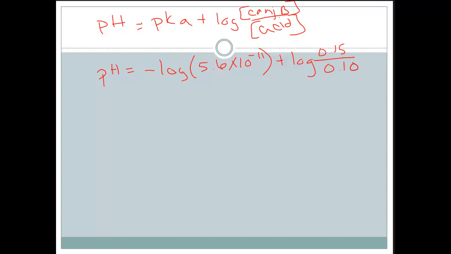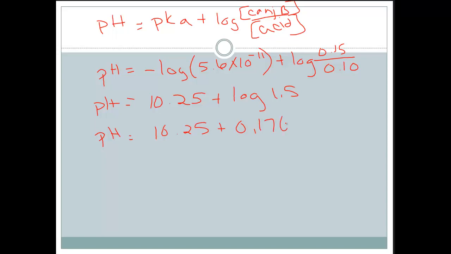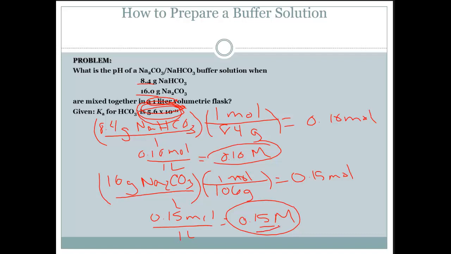So the pH is then equal to 10.25 plus the log of 0.15 divided by 0.1, which is 1.5. Which comes out to be 0.176. Add those together, and it comes out to be 10.43. You would actually expect it to be on the basic side because of the fact that we have more of the base than we do the acid.